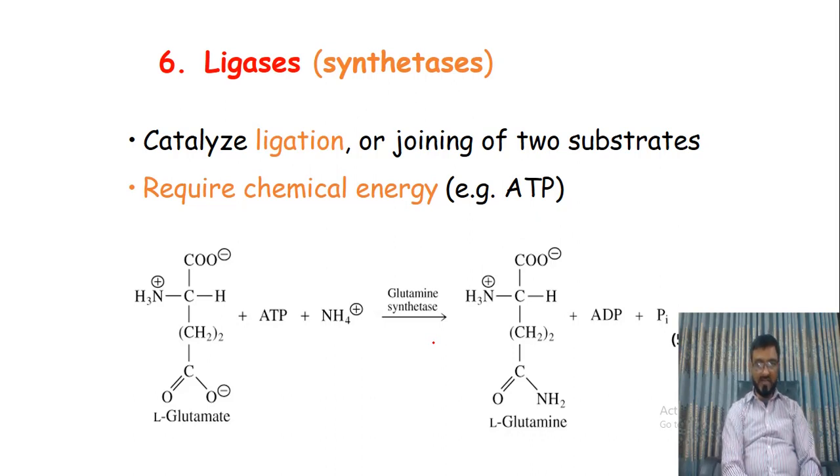Look at this example. This is L-glutamate. So there will be the ligation process, with the use of energy in the form of ATP, and ammonium. This is the glutamate, and glutamine synthetase will produce L-glutamine by the addition of this ammonia.